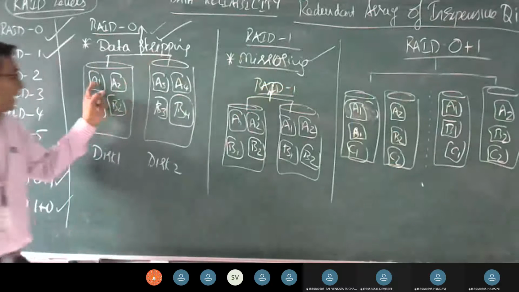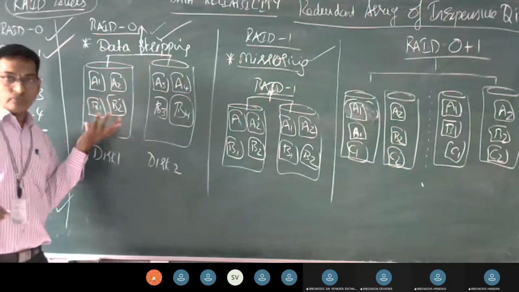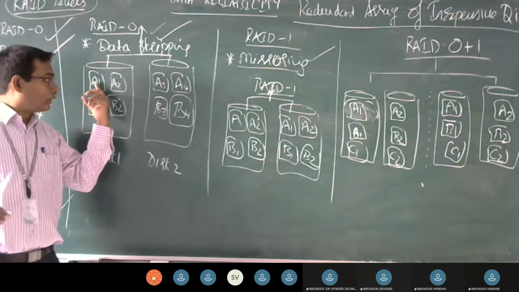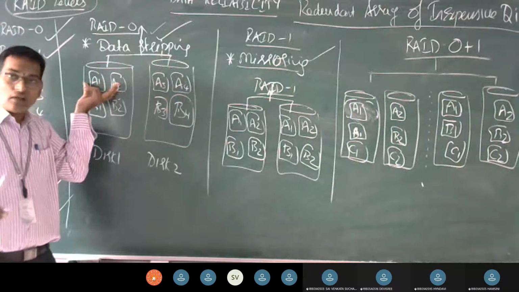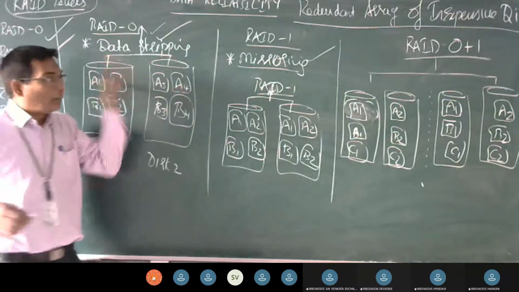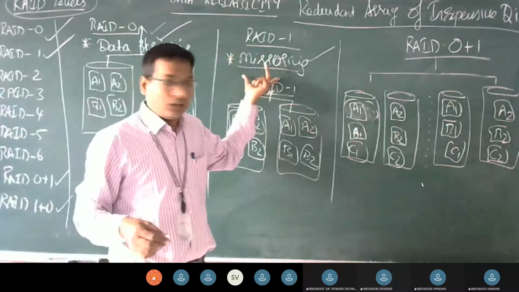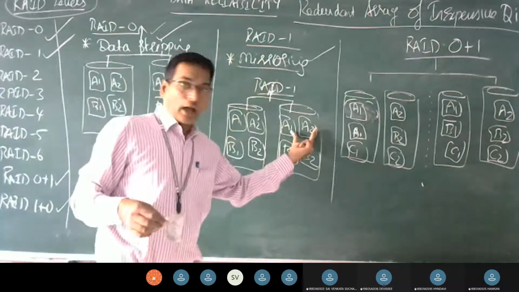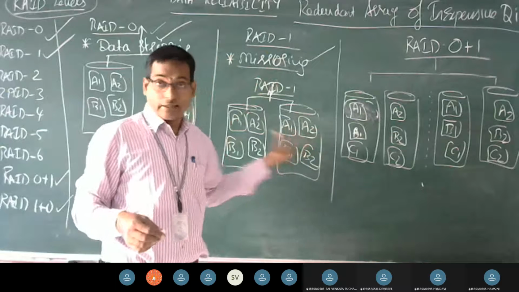So in data striping, I am going to have 4 bits, 2 bits on one disk, 2 bits on another disk. But when I have this mirror image, the 2 bits are going to have their mirror copy in the other disk.